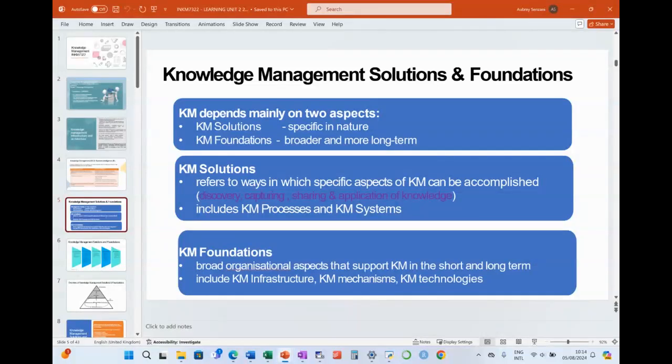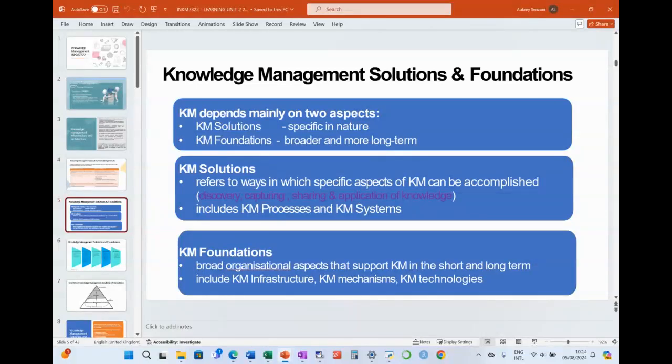Okay, knowledge management solutions refers to the way in which specific aspects of knowledge management can be accomplished. Okay, and what are they talking about? Remember, solutions is how do we solve a problem, right? Or it's addressing a specific problem.